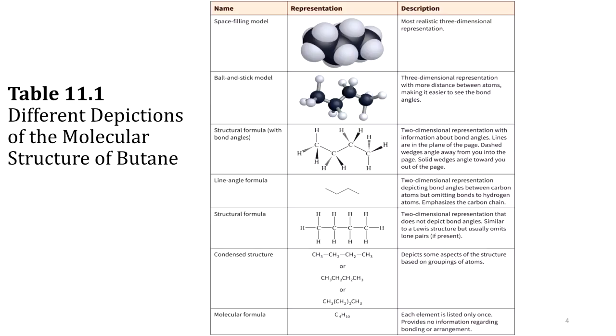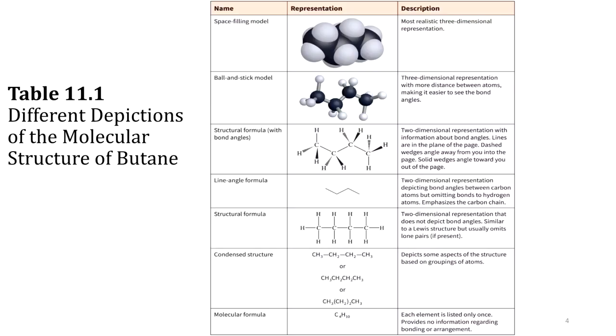One goes behind the plane of the paper, and that's the dotted wedge. And then one is coming out from and is in front of the page, and that is the solid black wedge carbon-hydrogen connection. So when you look at these, this should help you to visualize the tetrahedral nature of each of the carbons in this system.